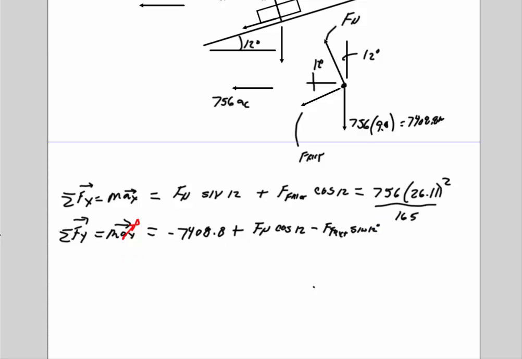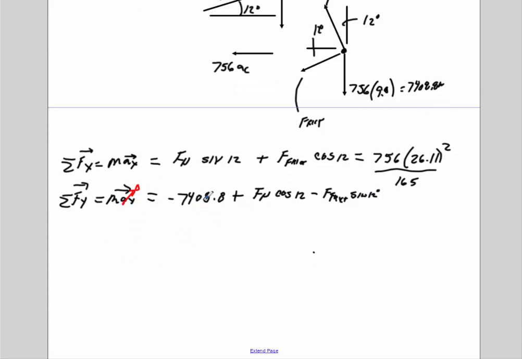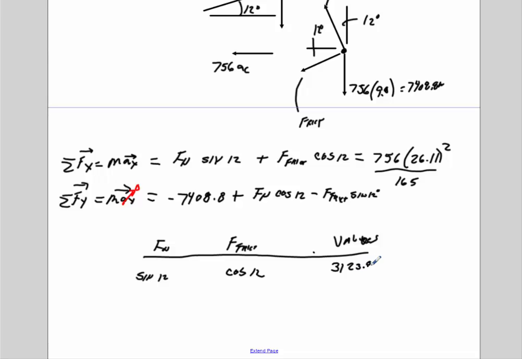Okay, to solve this, again, you've got two equations and two unknowns. I set it up as a matrix. I did Fn, I did F friction, and I did my values here. Like this. Okay, take the first one, I put the sine of 12, I put the cosine of 12, and I ran that value here, and I believe I got 3123.84.